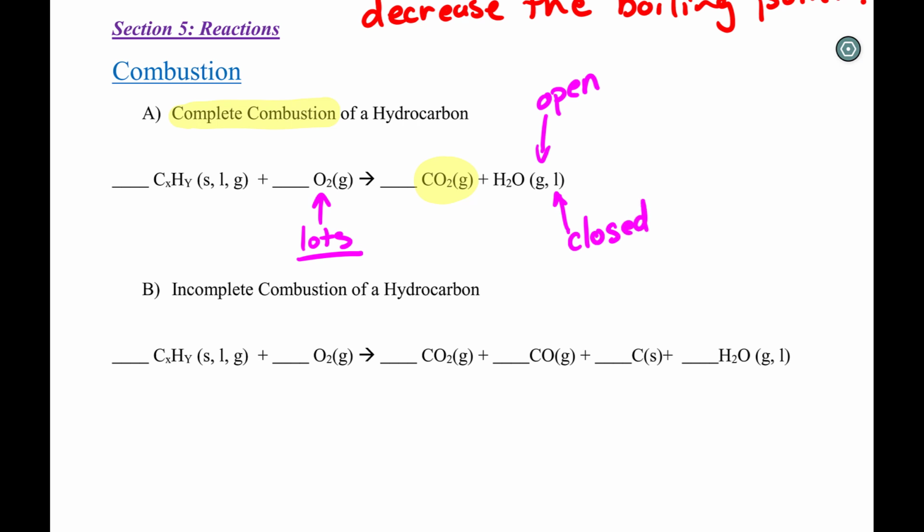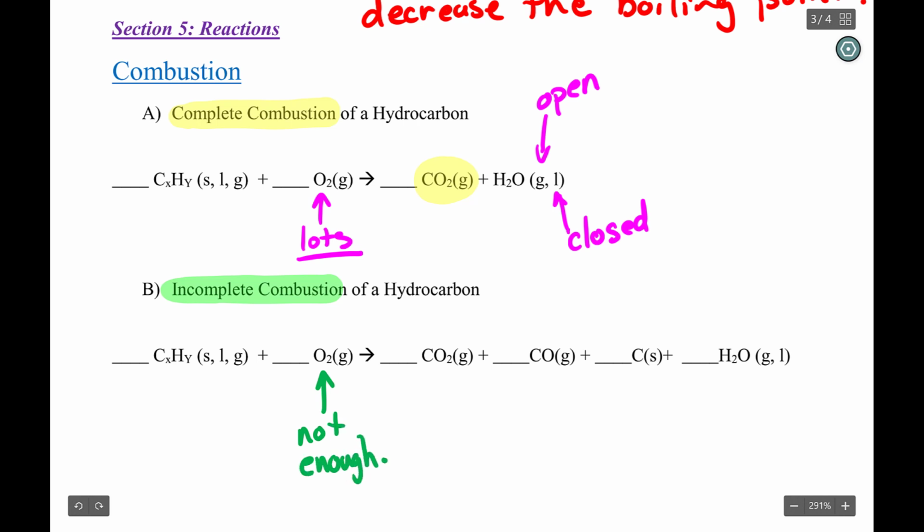The other option is an incomplete combustion, which essentially means there is not enough oxygen present during the burning to convert all of it into carbon dioxide. In an incomplete combustion, you must have one of these 2, and possibly all 3 of these carbon compounds.